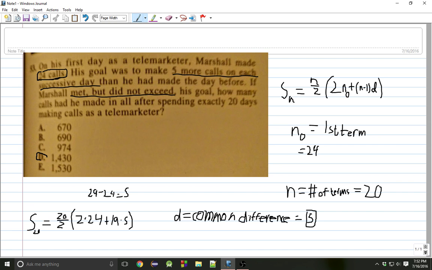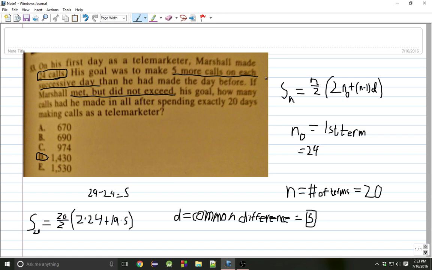So that was a pretty tricky problem. It's been a while since I've done sums of arithmetic series or geometric sequences and whatnot, so it took me a while, and I'm very sorry for the inconvenience, but I hope that we still learn something together in this lesson.